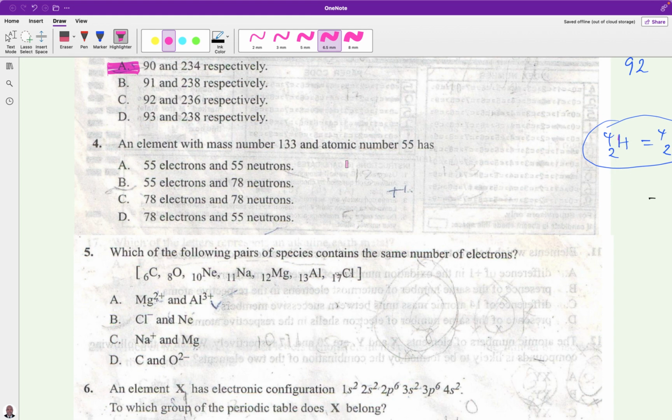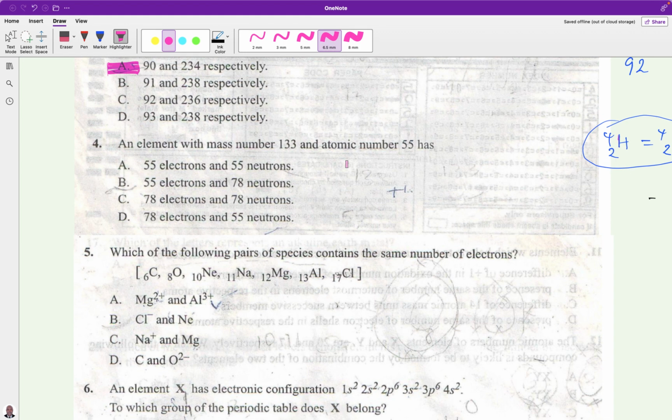Then again, the proton number plus the number of neutrons will give us the mass number, or the atomic number plus the number of neutrons will give us the mass number.